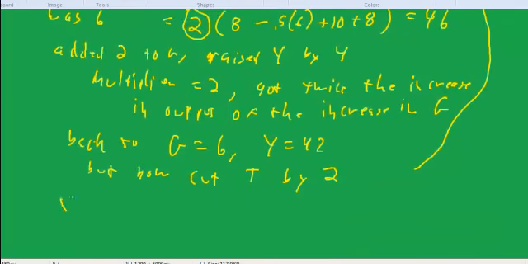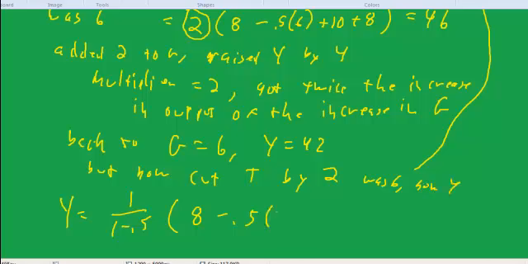So we have y equals 1 over 1 minus 0.5, times 8 minus 0.5, and now the taxes we're cutting by 2, so they were 6, now it's 4. So 0.5 times 4, plus the 10 for investment, plus the 6 for government spending. We're going back to government spending of 6.